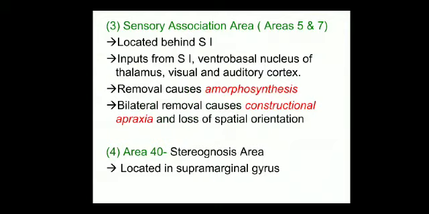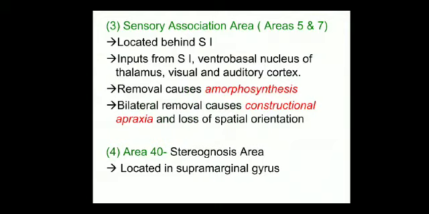So this area is mainly responsible for the discrimination between the stimuli. Then we have area 40, present in the supramarginal gyrus, and this is responsible for stereognosis. So area number 40 is for stereognosis.